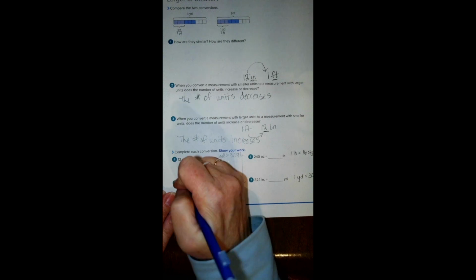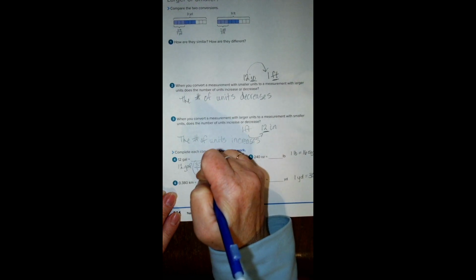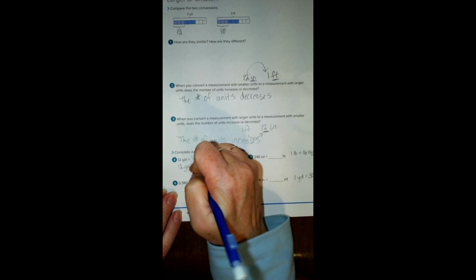Okay, so when we set this up, we have 12 gallons, and we're going to liters, so we're going to put our liters here, and our 1 gallon here, so 3.79, and when we multiply straight across, we get 12 times 3.79, which is 45.58 liters.